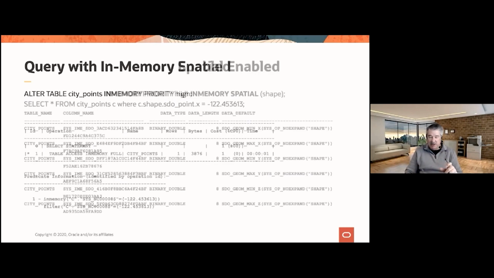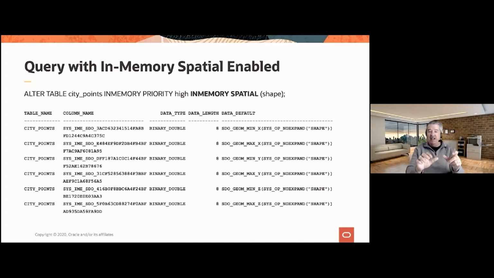That shows up as a bunch of in-memory virtual columns that we populate in memory to allow the geometric points to be accessed, min and max. You'll see the min and max. And actually, there's the right syntax.